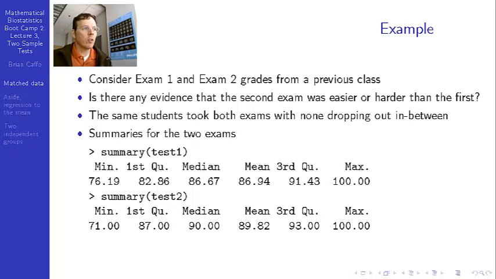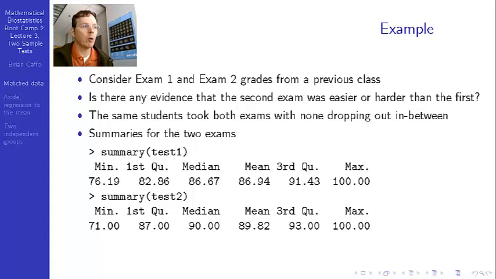Okay, so here's a simple example of doing a paired t-test. I took data from 2 exams from a particular class one year. Clearly the data are paired because it's the same students measured twice. So let's make up a question.